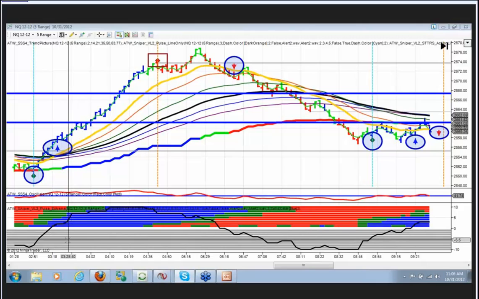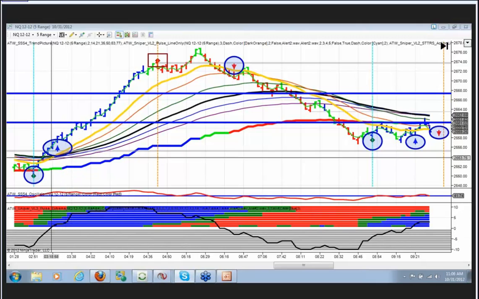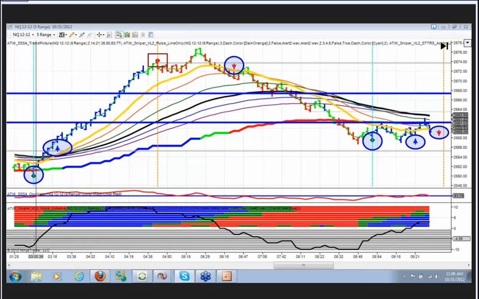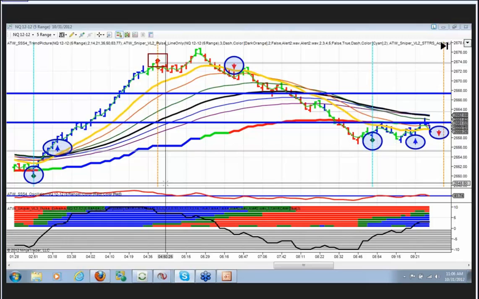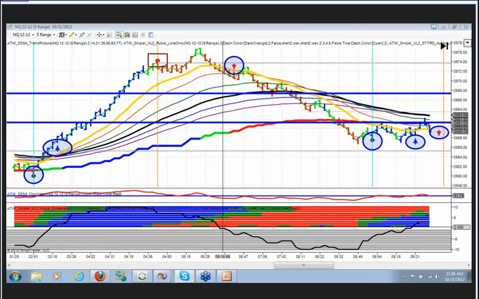That's our pulse extreme indicator. And when these signals fire is when this black line crosses from the gray area over the white gap to the colored area, and it gets to the second colored line or higher, and we have a blue bar up close, we get a buy signal. When the black line is up in the colored area and it crosses over the white gap to the gray area and it gets to the second gray line or lower and we have a down close, we get a sell signal.